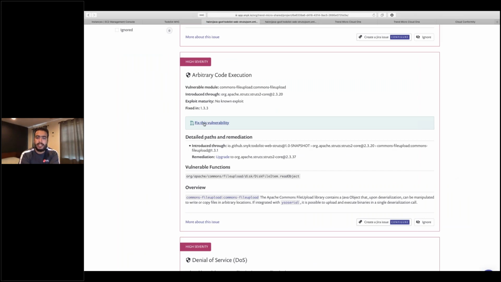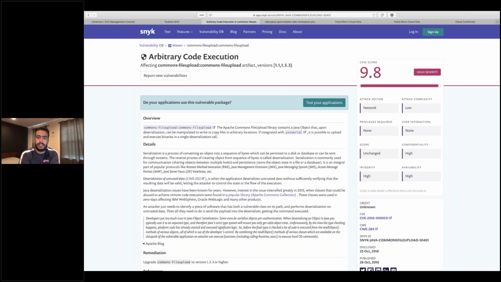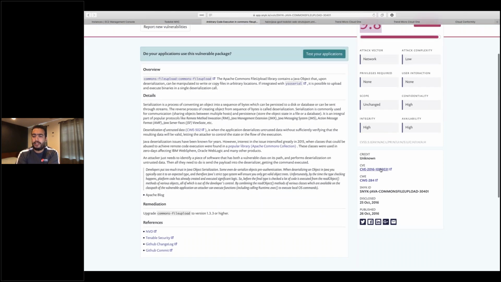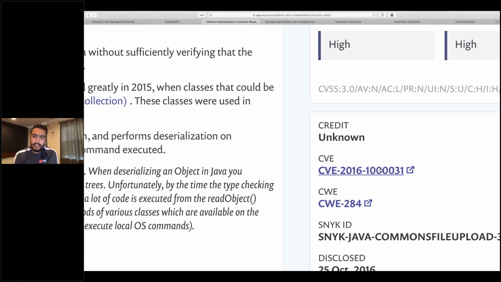Maybe I can click on fix vulnerability, or actually maybe I want to click on more about this issue. I'm seeing that the CVSS score, the score that ranks how damaging this vulnerability could be, almost gives out the maximum score of severity. And I'm looking here as a security professional at the CVE identifier.